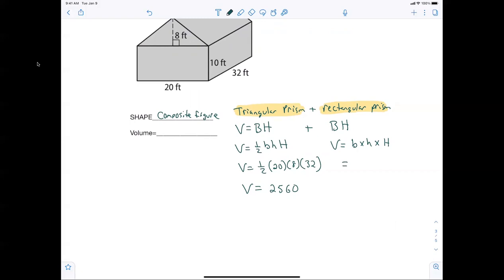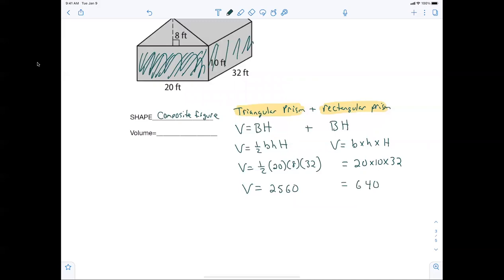Yes, you can do that. But when I'm looking at it from this perspective. You with me? But if you look at it from this perspective, it's okay also. Doesn't matter. So 20 times 10 times 32. Somebody help me with that. 6,400 in cubic feet.